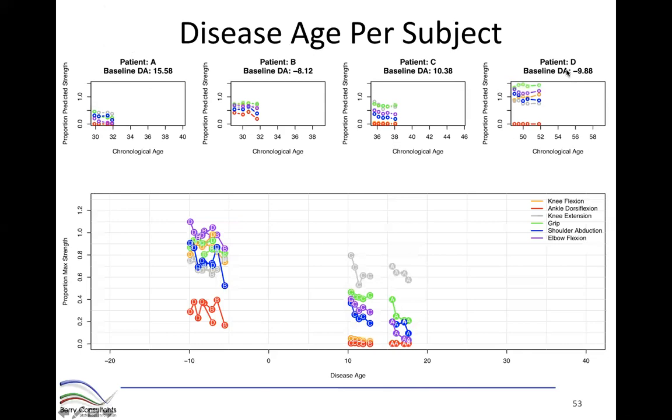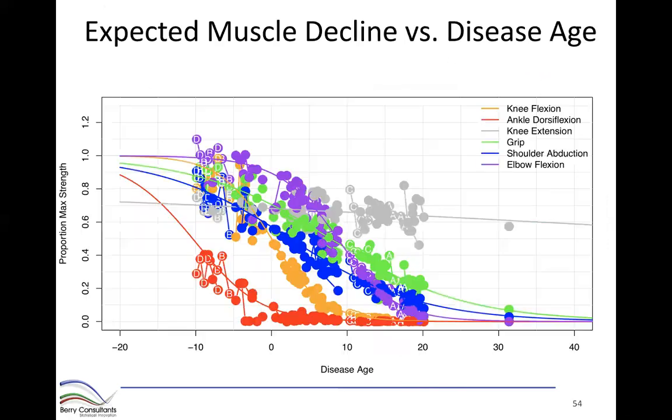Whereas patients D and B are earlier on, and we move them over here. And of course, in our model, there's variability in these disease ages, and we're trying to estimate that as well. But once we place the puzzle pieces based on disease age, we can then estimate the overall expected decline of each of the muscle groups as a function of this latent variable.